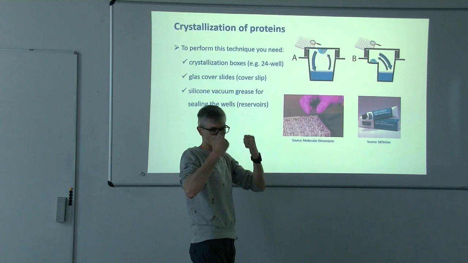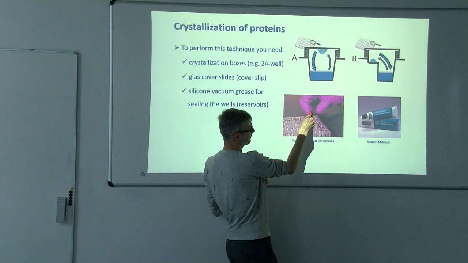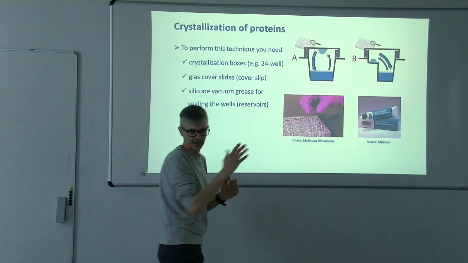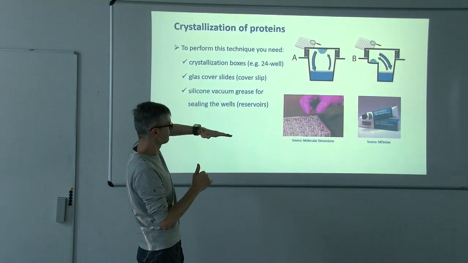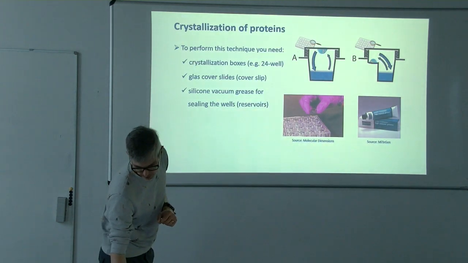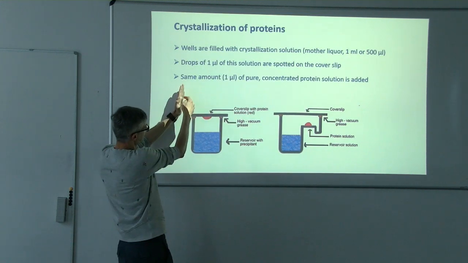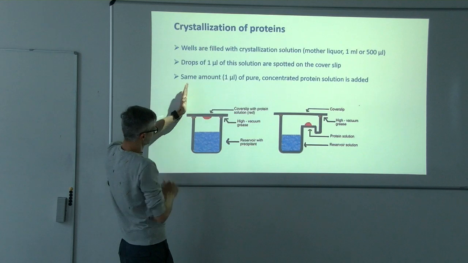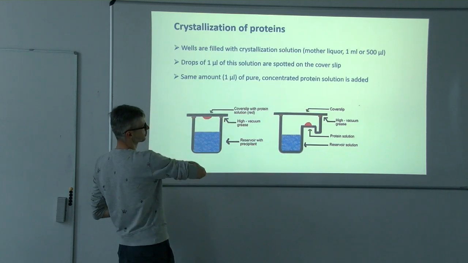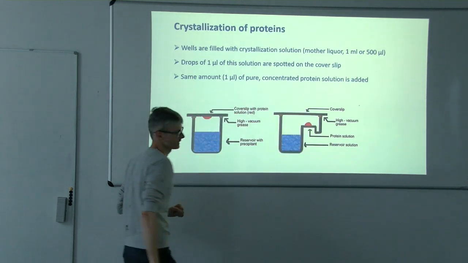And you add the same amount which is in the well. You mix that and you put that on top here of the cover. And then you just let it drop with a bit of grease that is sealed. That's important. And then you have something like this. So you make your drop here with a bit of this solution, you let it fall, and then you have your drop here. So hanging drop. Or sometimes people use the sitting drop method.